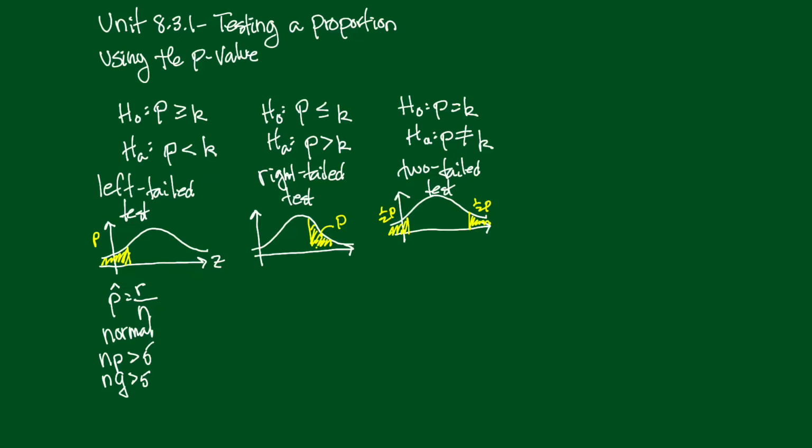Now here's our test statistic. It's a z, and it is observed p hat minus assumed p divided by the standard deviation. Now the standard deviation for proportions, maybe you remember, is the square root of pq all over n.